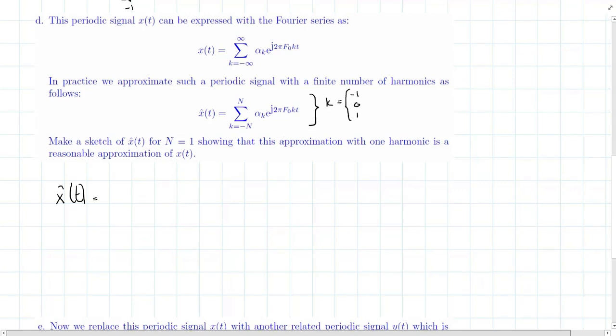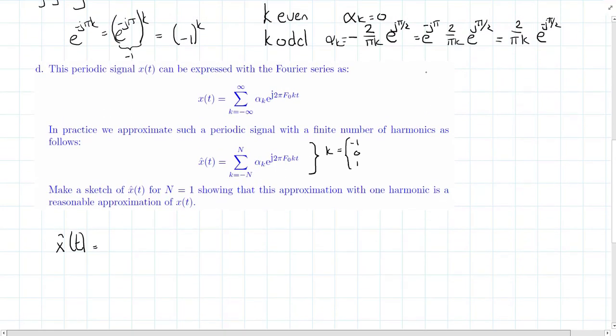If we look at things we calculated before, we know that our alpha k for k is equal to -1 is equal to 2 over pi e to the power minus j pi over 2. And as we have already seen before, e to the power j pi is equal to -1.